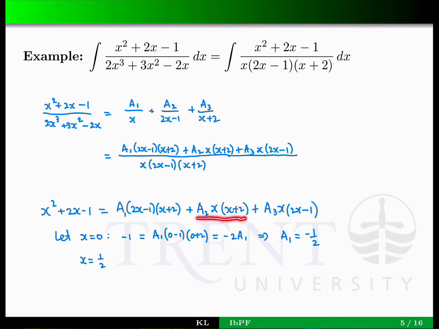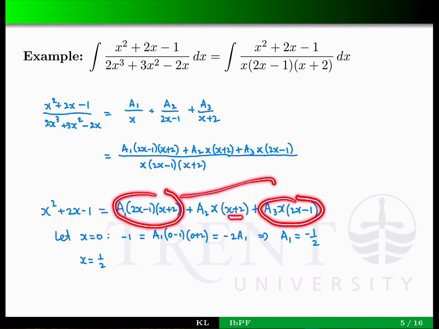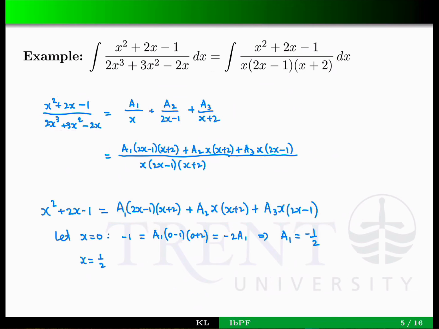On the other hand, this part here will not be equal to 0 because when x equals 1 half, this one becomes 1 half, this one becomes 1 half plus 2, which is not equal to 0. So only these two expressions will disappear when x equals 1 half, and therefore, we will be able to find a sub 2.